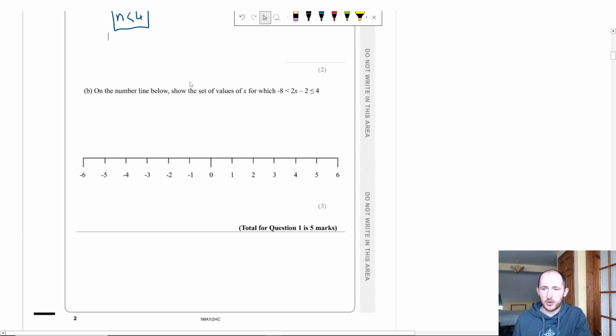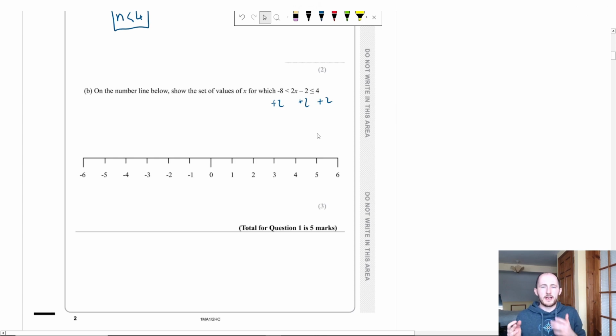On the number line below, show the set of values for which minus 8 is less than 2x minus 2 is less than or equal to 4. So what we need to do is essentially rearrange for x. So you want x by itself in the middle. Now how does this work? Well, I would add 2 to both sides, right? But if you notice, I actually have 3 sides, so I need to add this to all 3 components, okay?